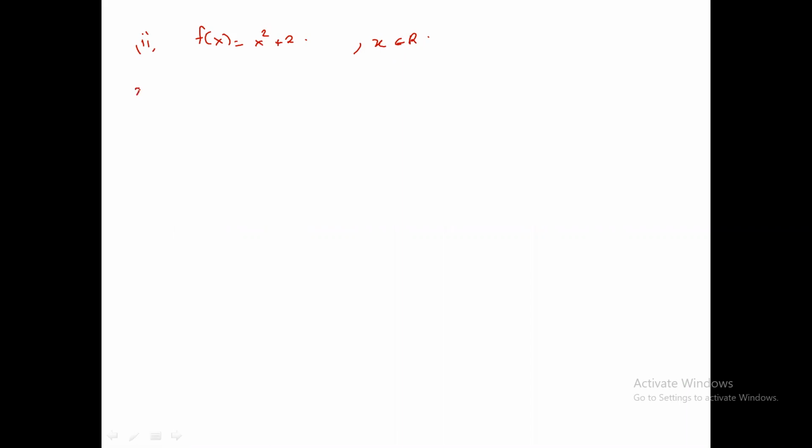If you plot the values for x and y, you can put x as 0, you can put plus 3 or minus 3, you can put plus 5 and minus 5, like that.